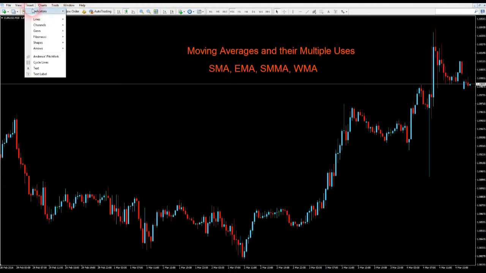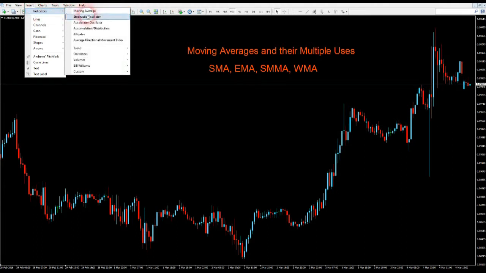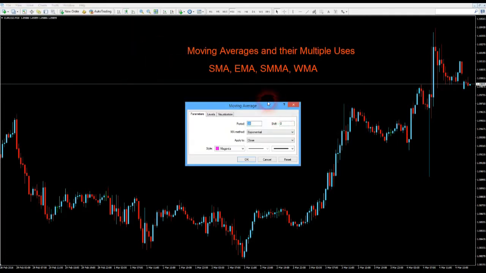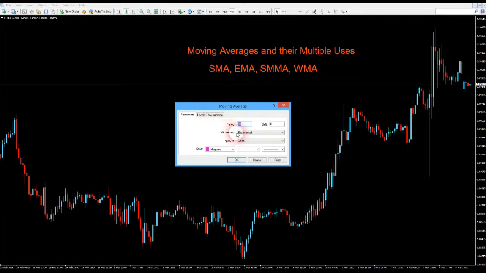In MetaTrader 4 you can go to Insert, Indicators and Trend and find the moving average. Here you will immediately see there are various choices that you can make. For example, the period. The period represents each candle. So if you use a 200 period, that is 200 candles.